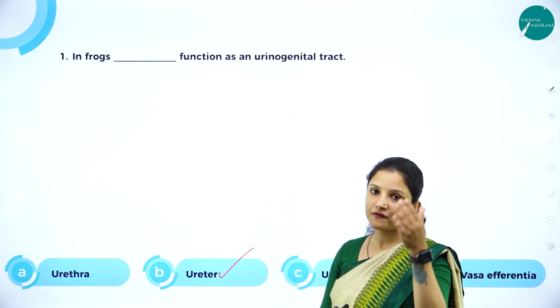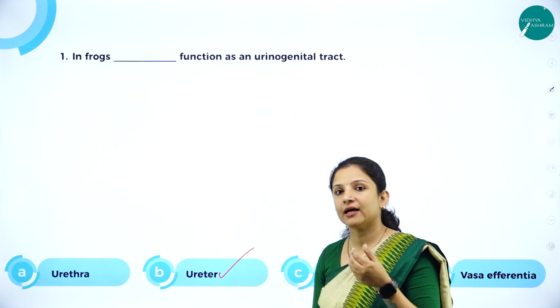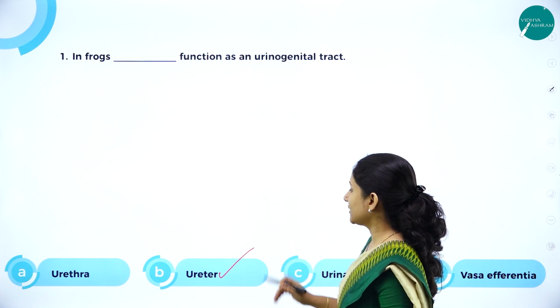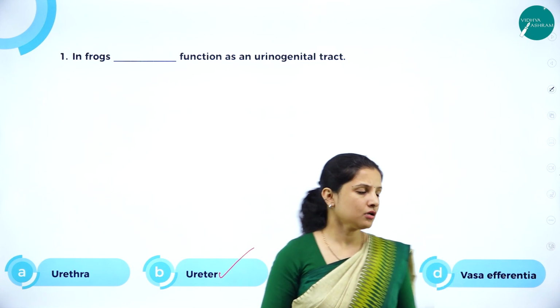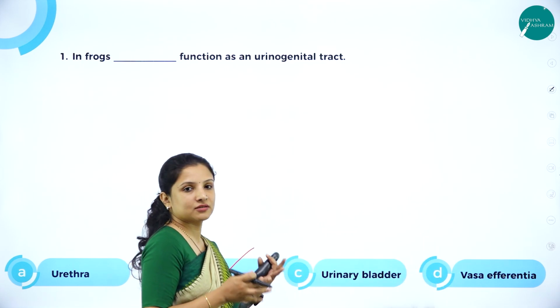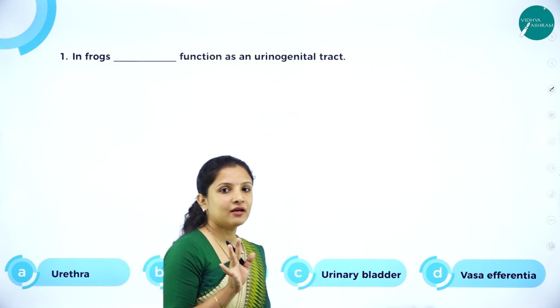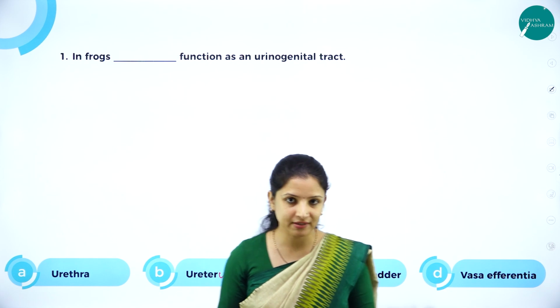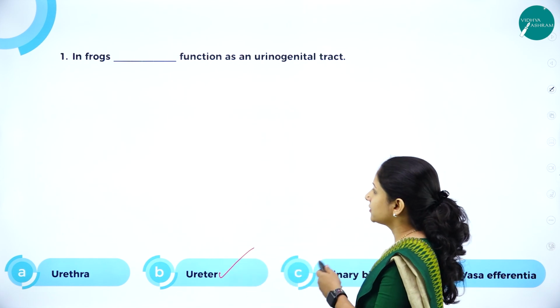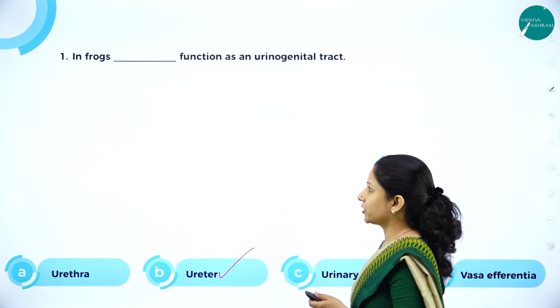Therefore it is capable of transporting the sperms as well as the urine. The urinary bladder is the collection center for the urine, whereas vasa efferentia are finger-like projections that come out of the testis. So that is different. Therefore the right answer here is B, ureter.